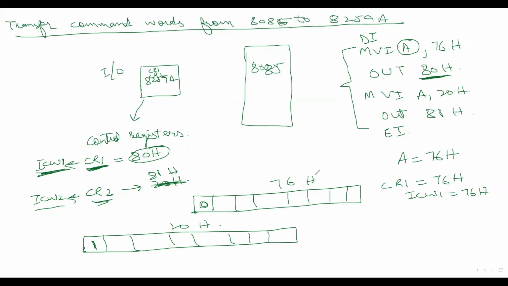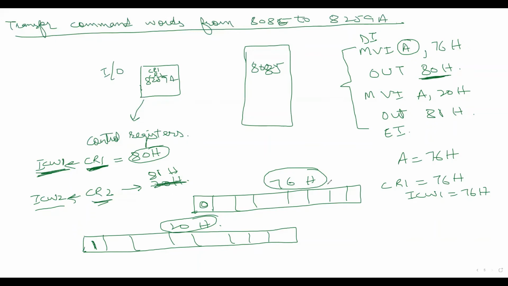Your job is this: if I stored 76H in ICW1 and 20H in ICW2, what will be the 8 call addresses and what will be the status? For example, whether there will be 4 location spacing or 8 location spacing, whether it is edge triggered or level sensitive, whether there is a single or cascaded 8259.